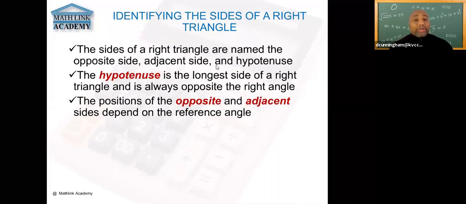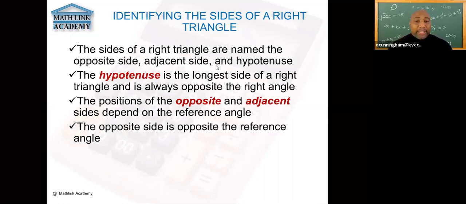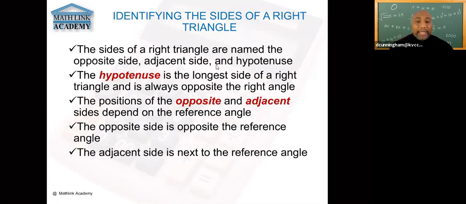The opposite side is opposite to the reference angle. Wherever the angle is on the right triangle, the side opposite that angle is the opposite side, and the adjacent side is next to, or touches, that reference angle.